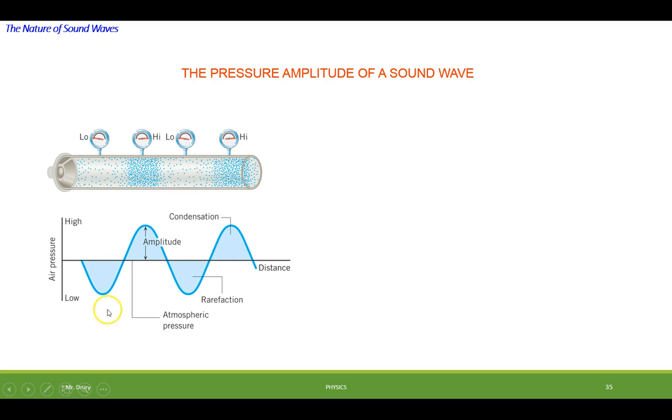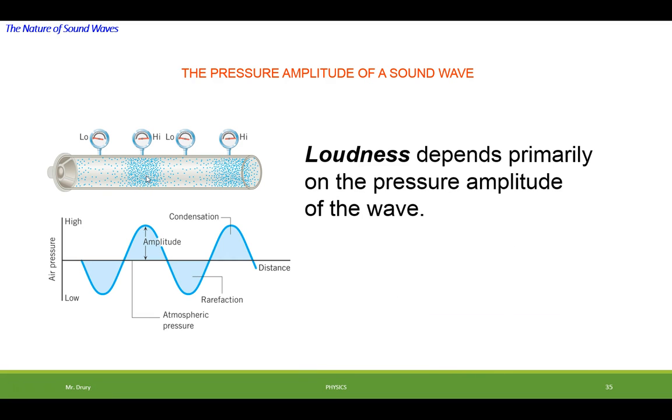Obviously it's not a transverse wave, but this is easier to see. The higher this pressure is compared to this pressure, the more intense the sound is, the more power it has, and we notice that as loudness. Loudness depends primarily on the pressure amplitude of the waves, and this correlates to energy, the more energy the wave has.